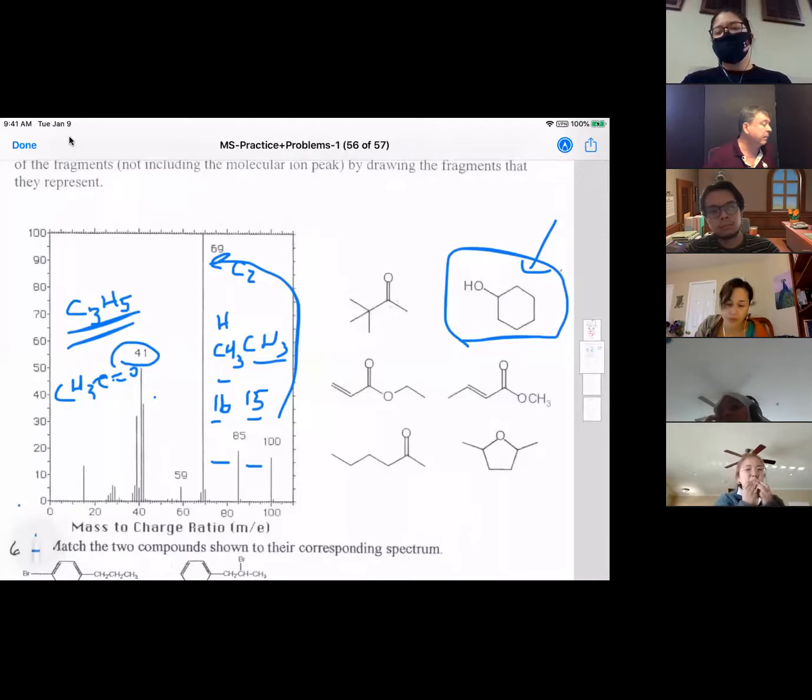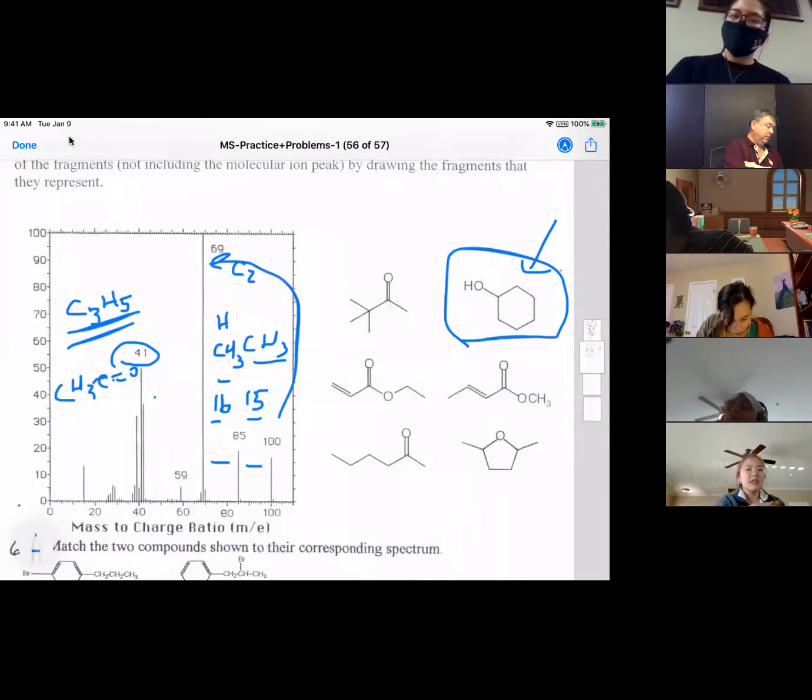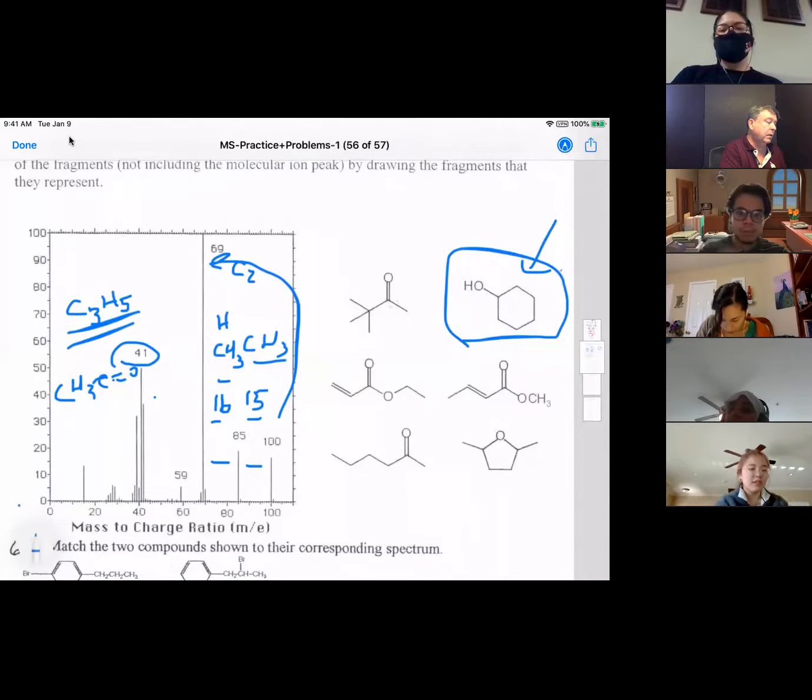So what would a ring be by itself? I believe a C6H10 is one of our fragments, C6H10 should be 90 something.